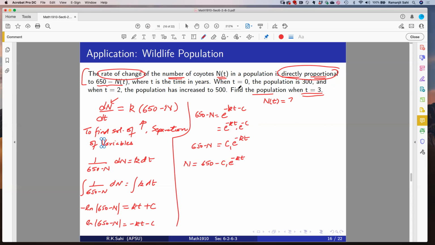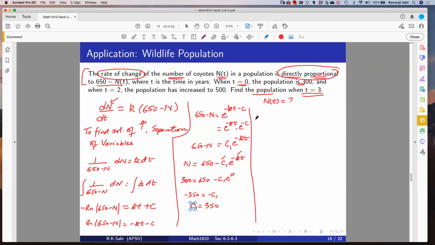Now you want to find C1 and k. So I want C1 and I want to find k. It says when t is 0, population is 300. Let's do the math. So 300 equals 650 minus C1 e to the power 0, or we get negative 350 equals negative C1 times e to the power 0, and e to the power 0 we all know is 1, so C1 is 350.